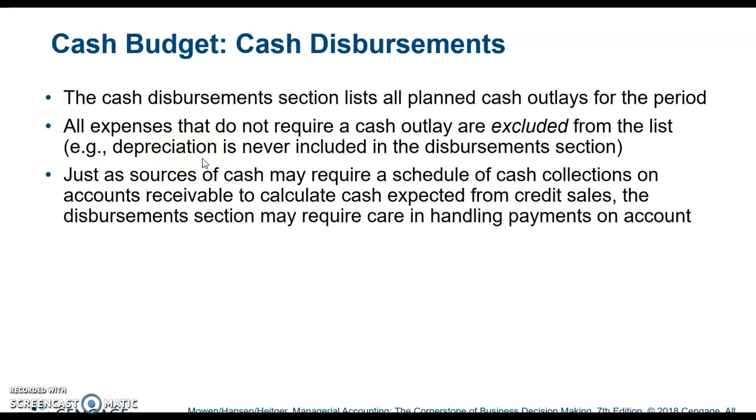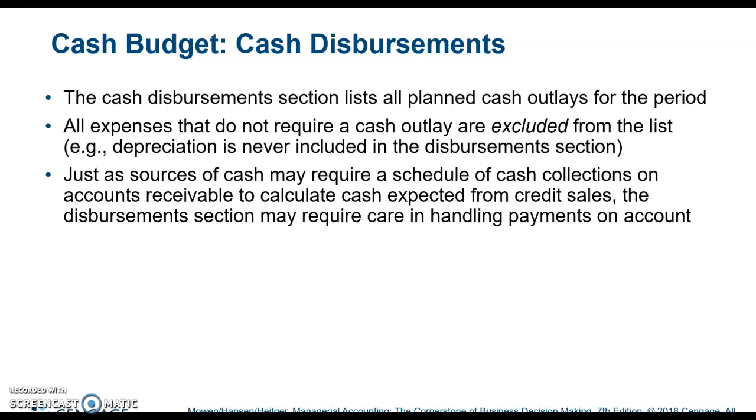There's no cash we're ever going to receive or pay out. So we just exclude that from the list. But then we go through every other expense that we are going to have to pay cash, maybe not this quarter, but next quarter.